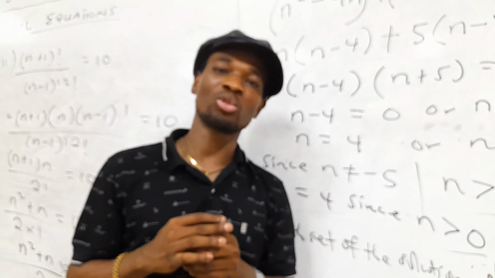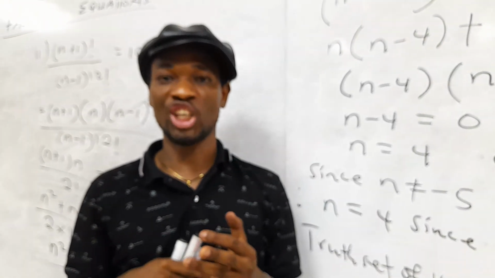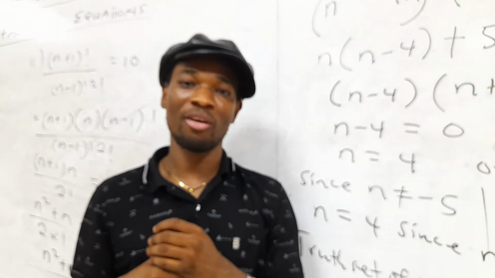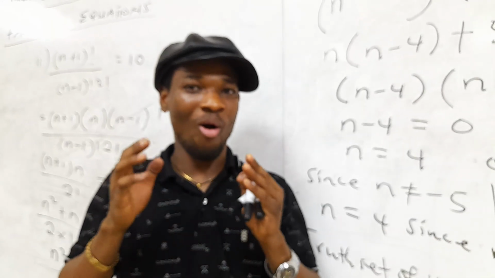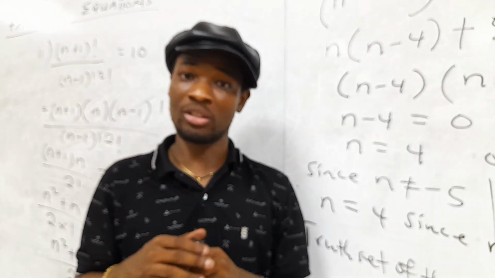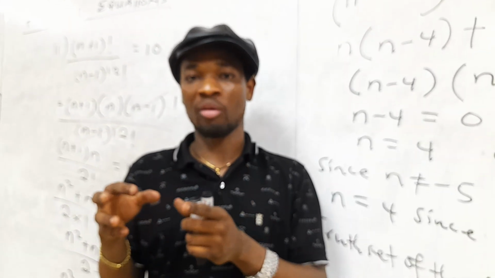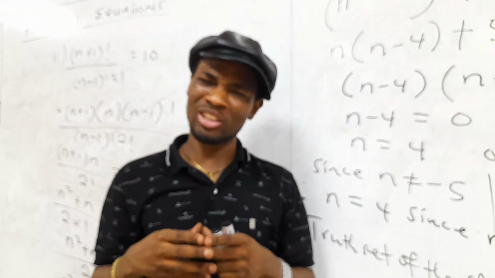So I'm going to create a playlist for permutations, a playlist for combinations, and a playlist for factorial concepts, all under probability. Or I can decide to create a playlist for probability, where I'm going to fit all this into the playlist.